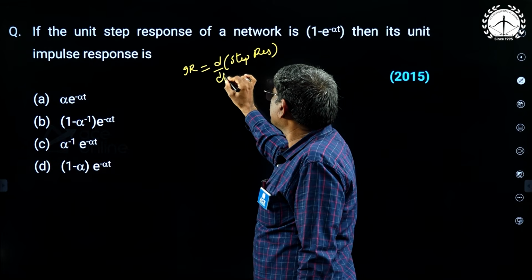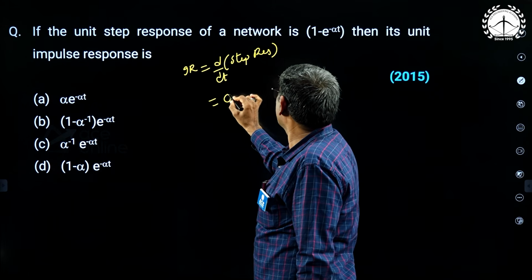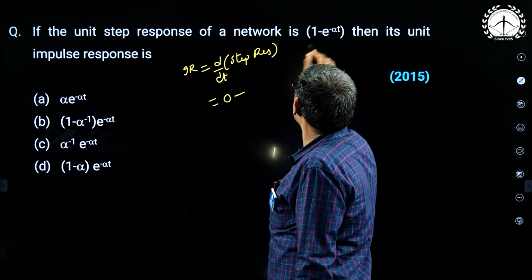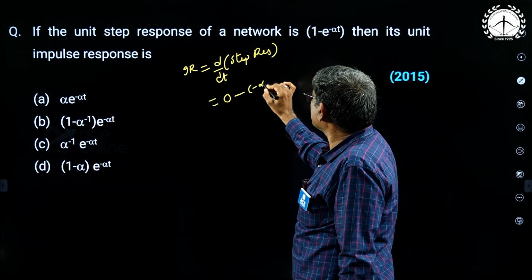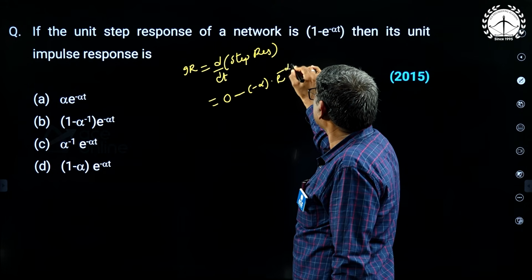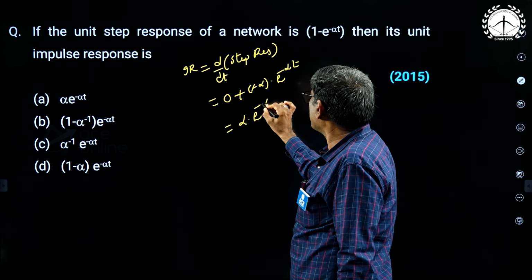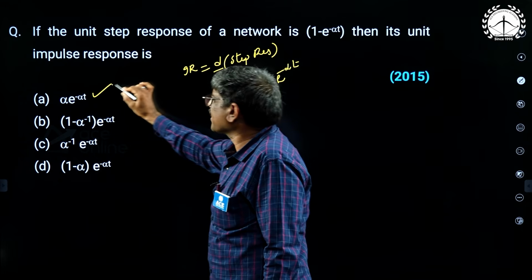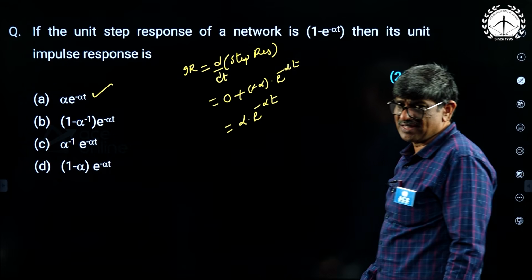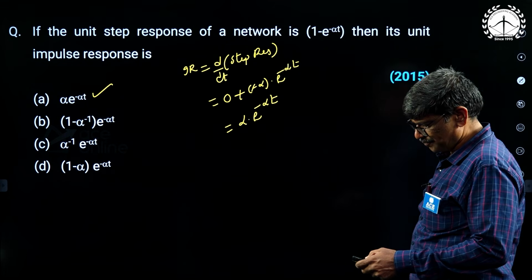So d by dt: if you differentiate, 1 becomes 0. You differentiate e power minus alpha t, it means minus alpha into e power minus alpha t. So minus minus becomes alpha e power minus alpha t. Or you can find the transfer function and inverse, then also you will get the same answer.